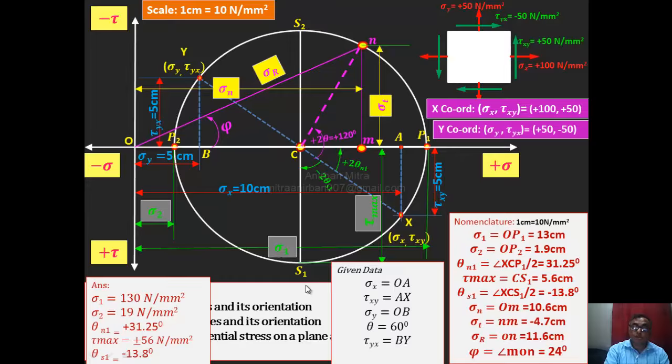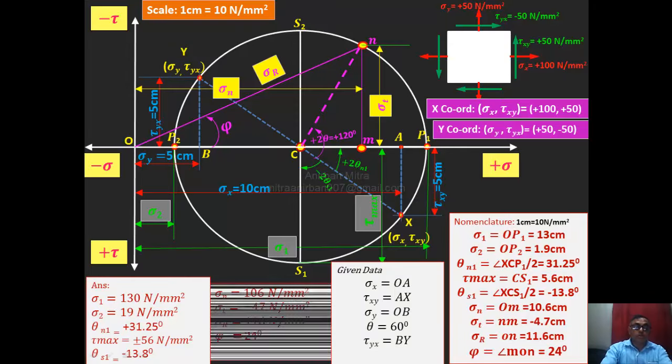Because CS1 is our positive value and CS2 is your negative value, so it always comes as the same value, positive and negative. But theta S1 corresponds to CS1, and CS1 is clockwise, that's why it comes negative 13.8. If you want to find theta S2, theta S1 plus 90 degrees is the theta S2 value. I think you know that the angle between the principal plane and the shear plane is always 90 degrees. If you add 31.25 and this value, it comes to 90 degrees only. So this is one set of answers.